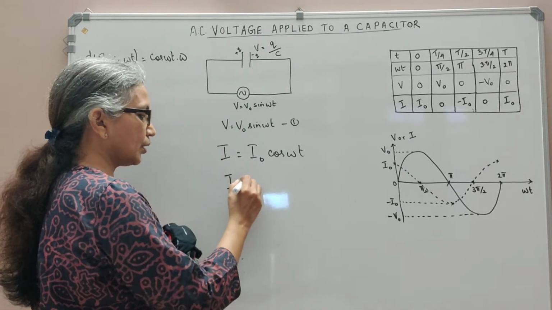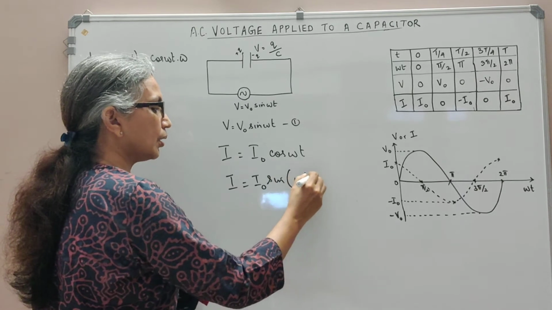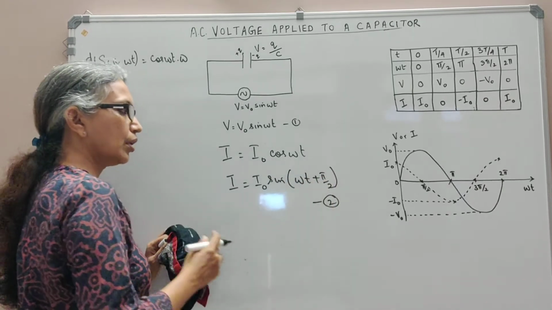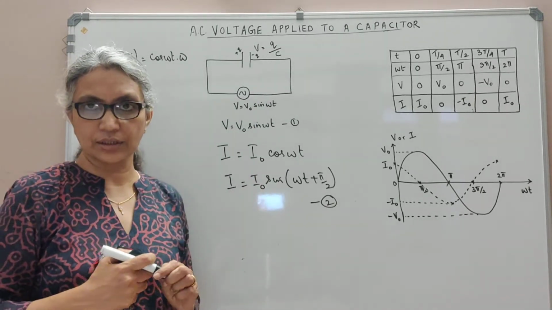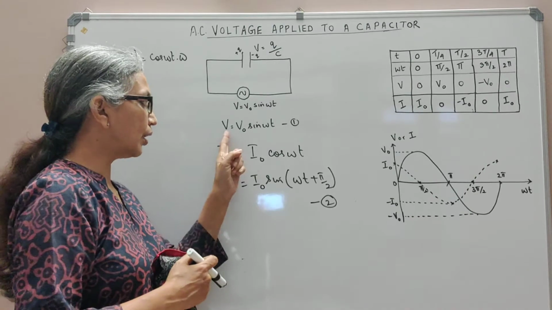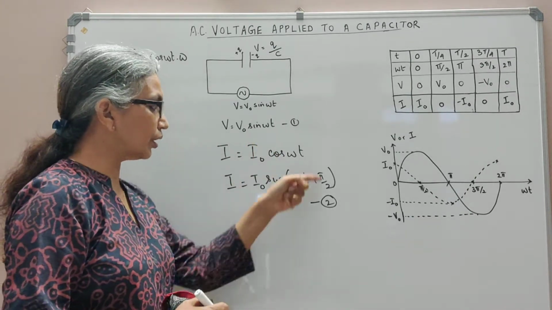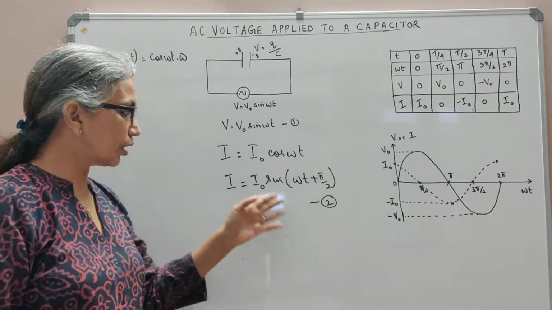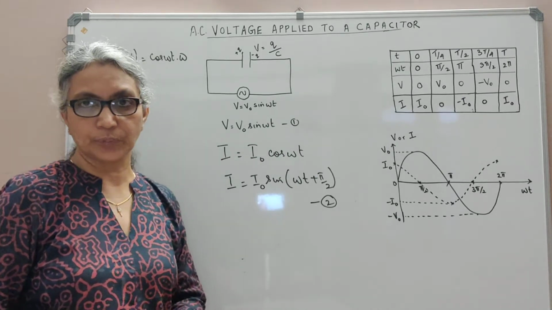So I may replace it as I0 sine omega t plus pi by 2, which is my second equation. So we now have our two equations for voltage and current, showing you very clearly that when the voltage covers an angle omega t, the current is already covering an angle omega t plus pi by 2, showing you that the current is ahead of voltage in the circuit by an angle pi by 2.